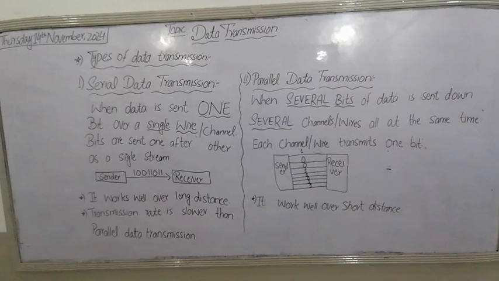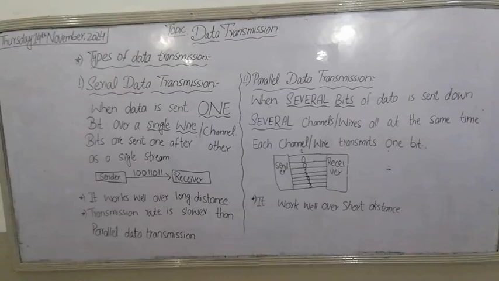So let's see which type of distance it is suitable for, longer distance or shorter distance. It works well over short distance. So parallel data transmission works well over short distance, and it's not preferable for longer distance data transmission. Why?